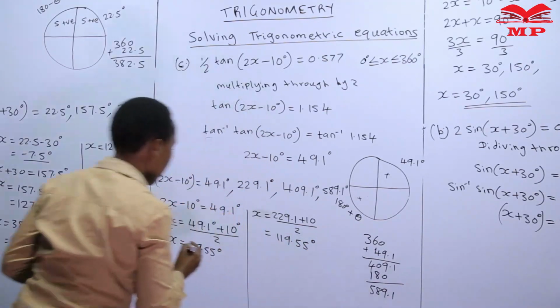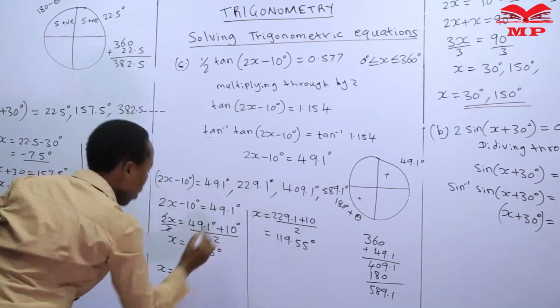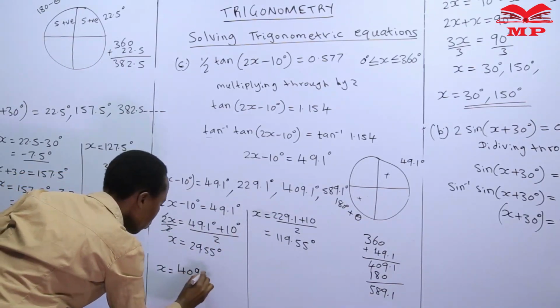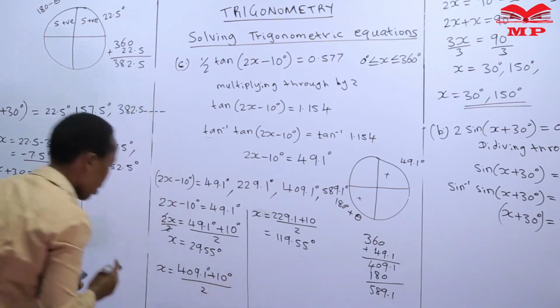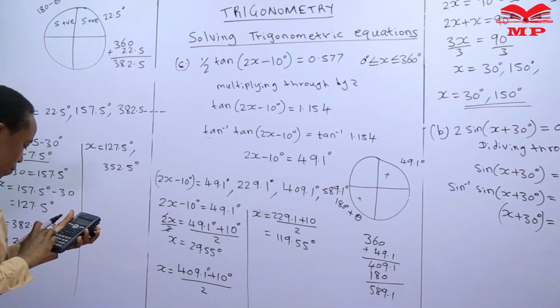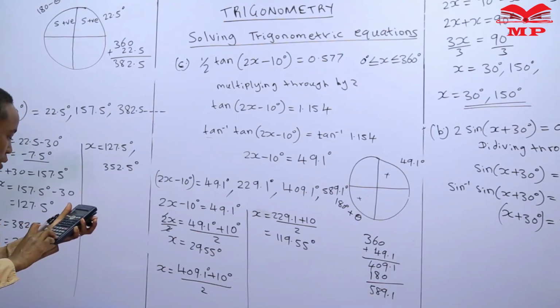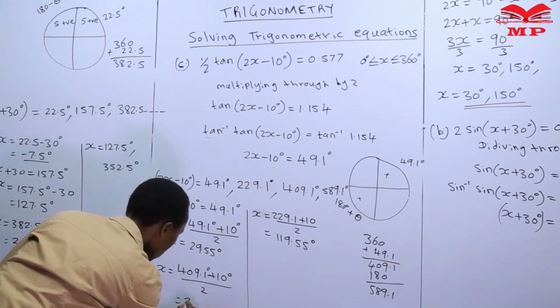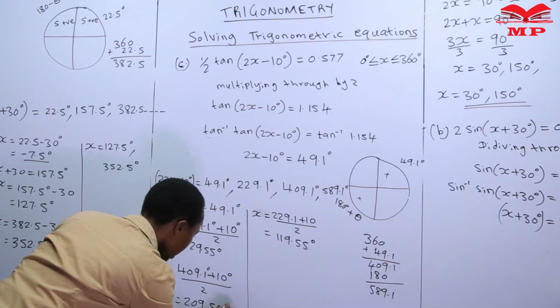119.55 degrees. Then the other one, our x will be 409.1 plus 10 degrees divided by 2. So we have 419.1 divided by 2, and this will be 209.55 degrees.